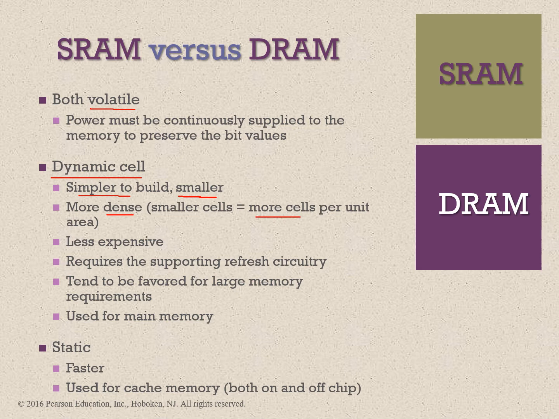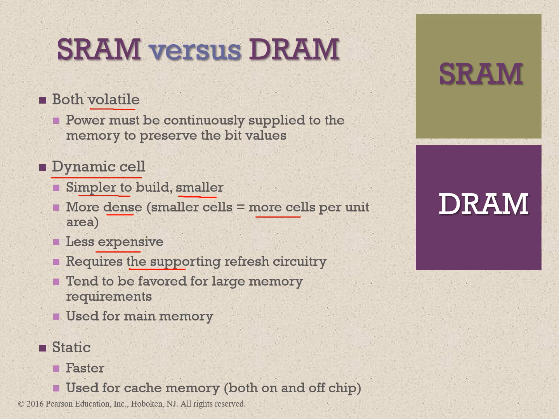It is less expensive, and it needs constant refreshing circuitry because it needs systematic refreshing. Constant refreshing, or else there will be a discharge and the bit value will get changed.